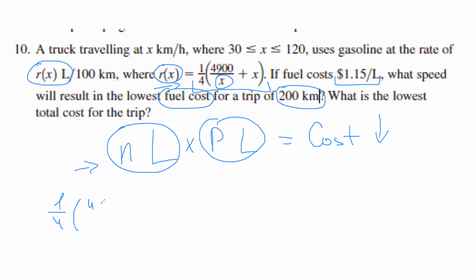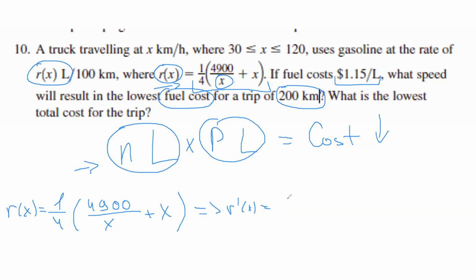R(x) equals 1/4 times 4,900 divided by x plus x. This is R(x). Now, the next step for us is to find the derivative of R(x). And here it's even easier. It's just a sum rule. Why, you may ask?